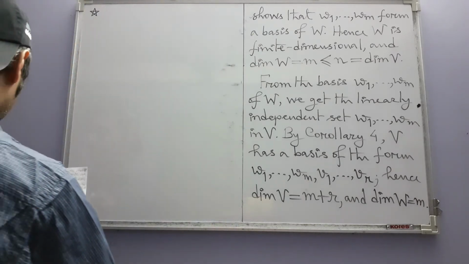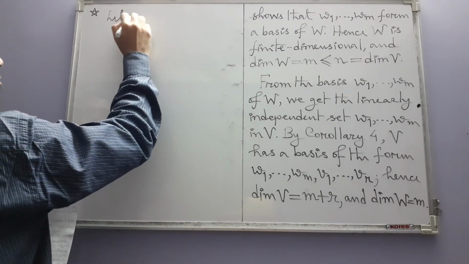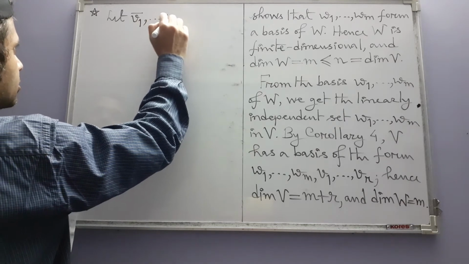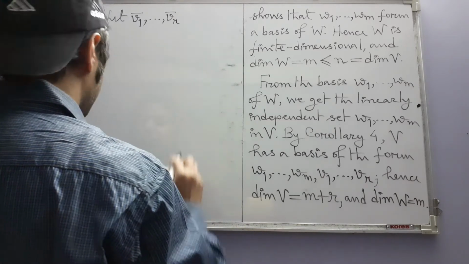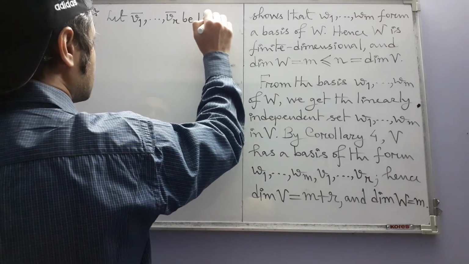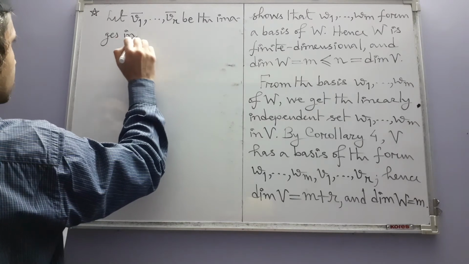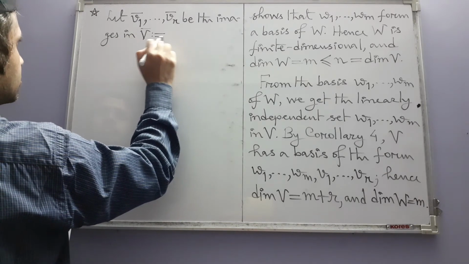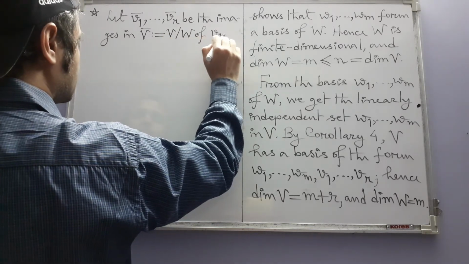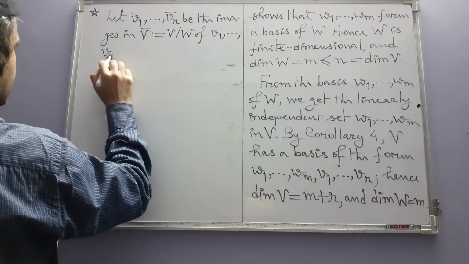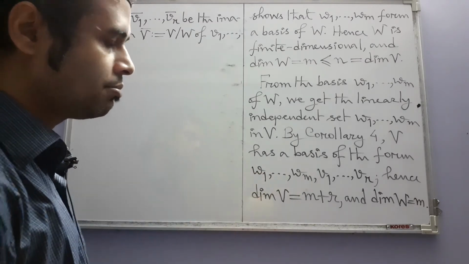So here is what Herstein writes: let V1 bar, V2 bar, etc., Vr bar be the images in V bar, which is the quotient space of V by W, of these vectors V1, V2, those extra possible vectors that we have needed in forming this basis of V from the basis of W.